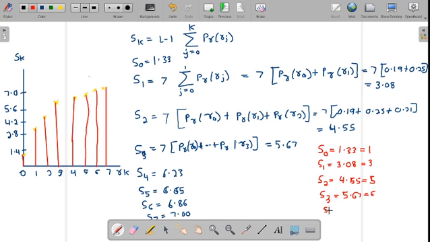Next S4 is 6.23, which is rounded off to 6.